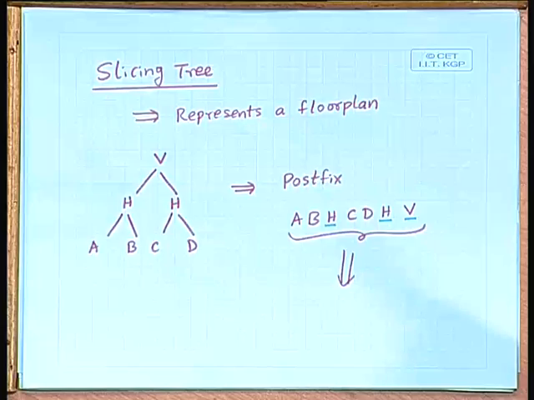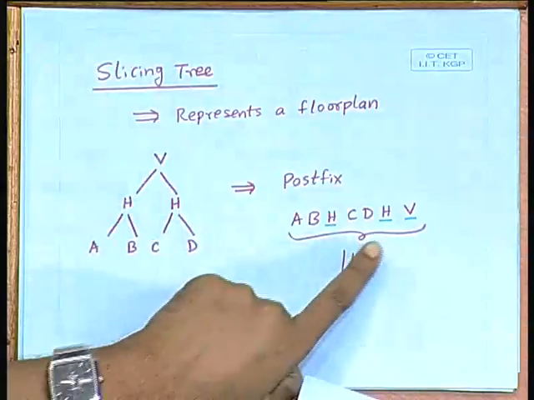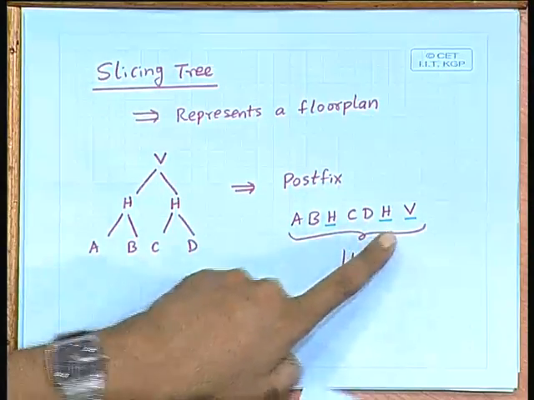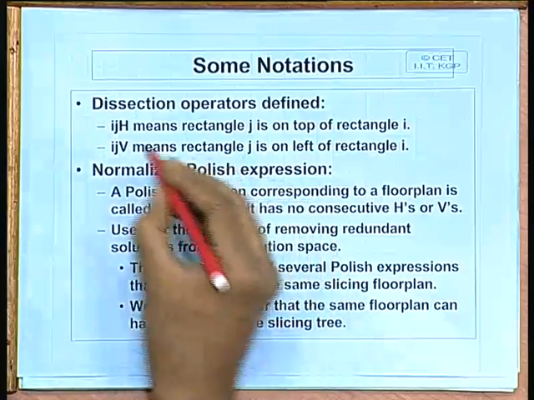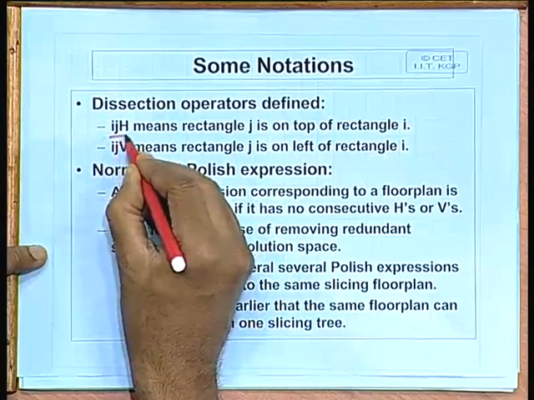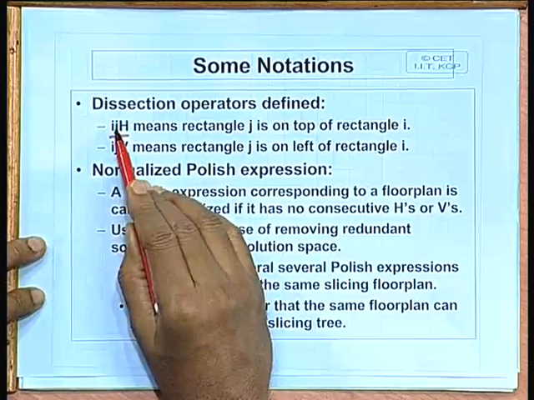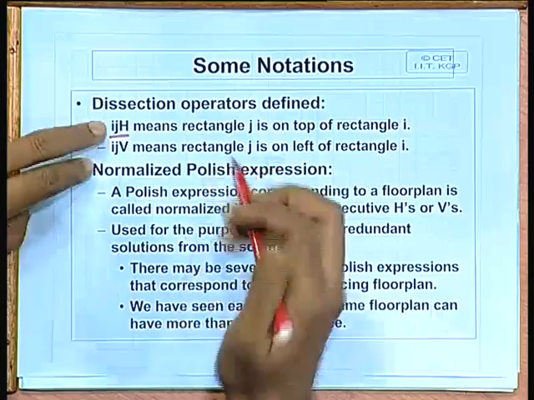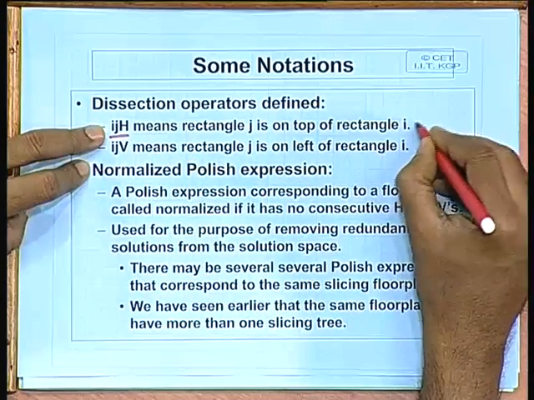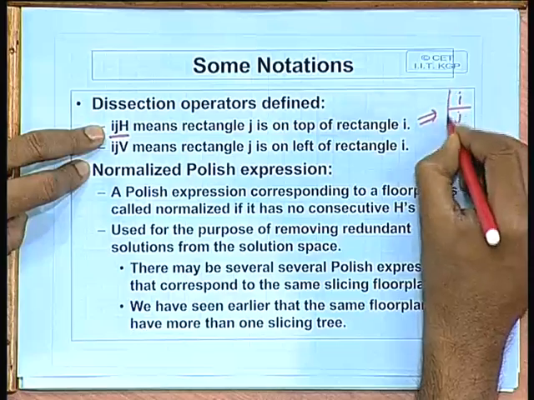So, just let us introduce some notations first before going into that method. As I have shown in this illustration, H and V are the operators. In the Polish notation, the notation used is I, J, H, which means rectangles I and J are sliced using a horizontal line, which means I is on top of J. This means I is on top of J, something like this.